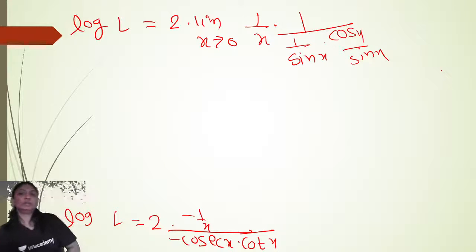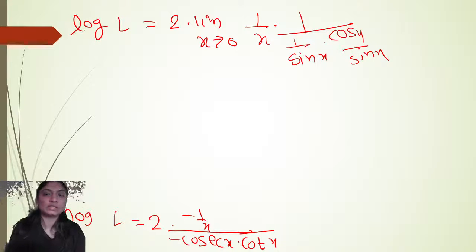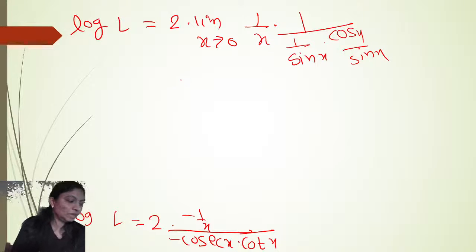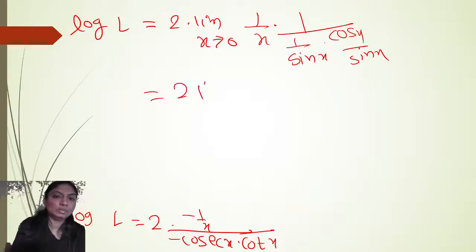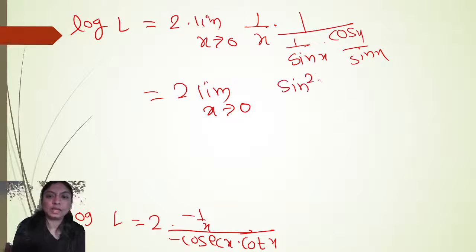Right? If you observe this sin x, cos x upon this sin x. So you will get x into cos x, sin square x upon x into cos x. Right? So 2 into limit as x tends to 0, sin square x upon x into cos x.